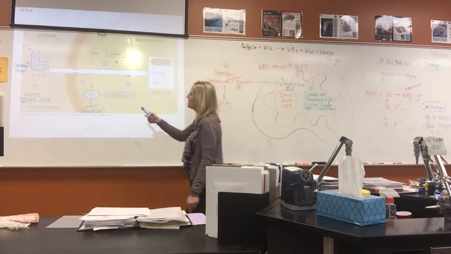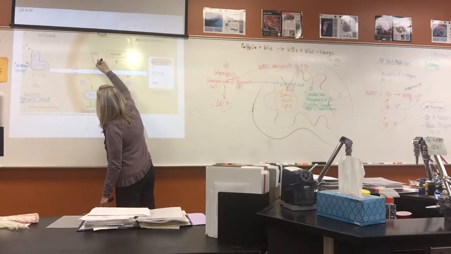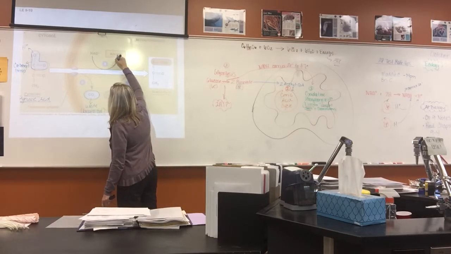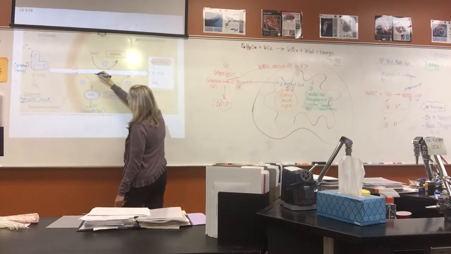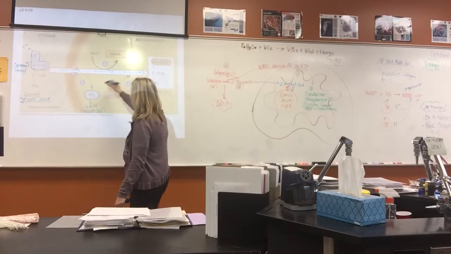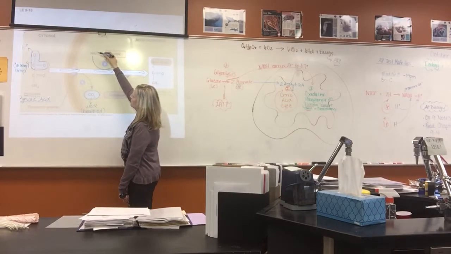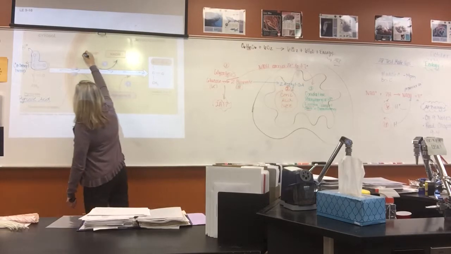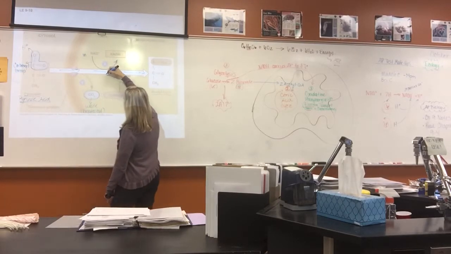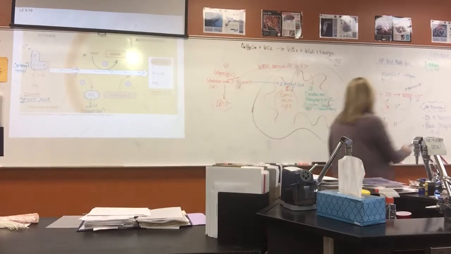All right, the second step is we make some more NADHs. A lot of people get confused about these arrows that look like this. What this means is that this is a series of reactions. We just don't need to know all of them and the logistics of it all, just the big picture here. So NAD plus goes into the reaction and comes out as NADH. How did it become NADH?